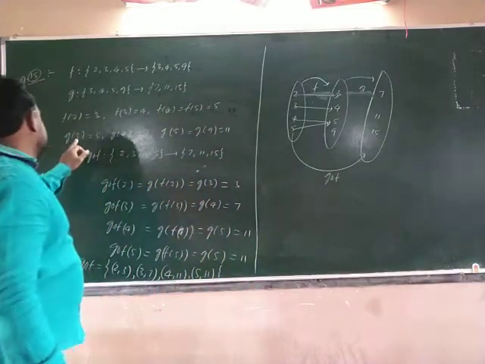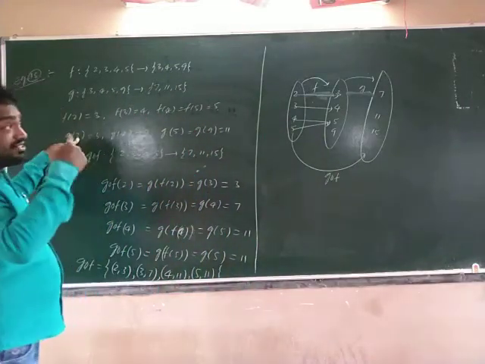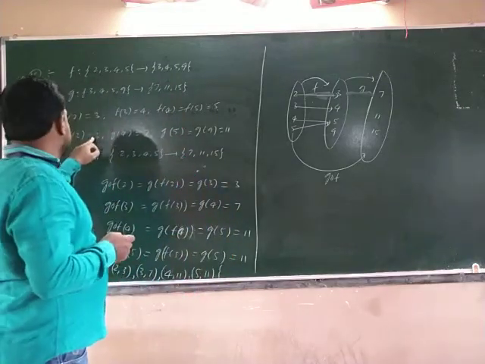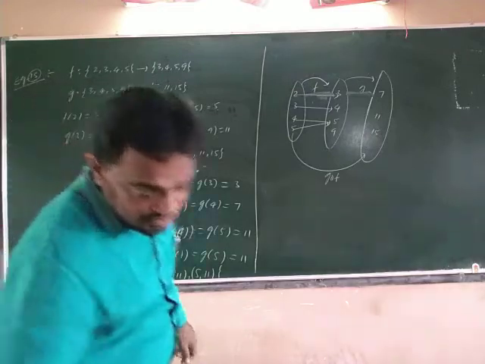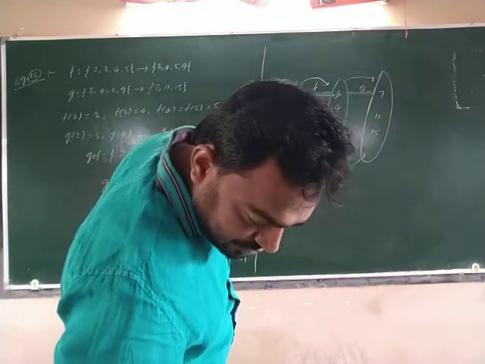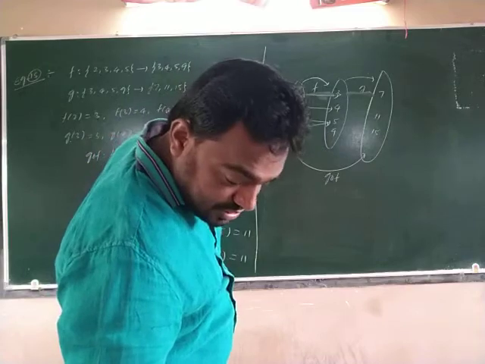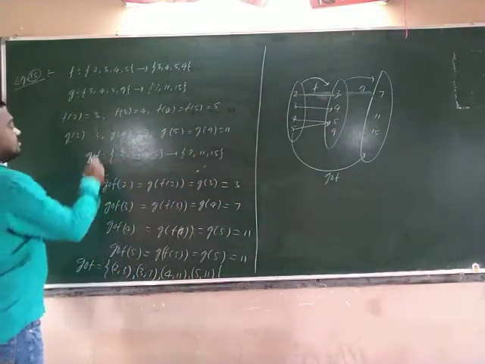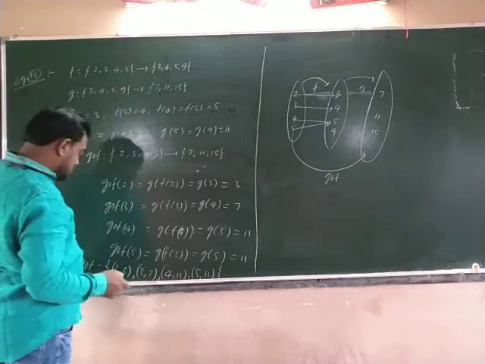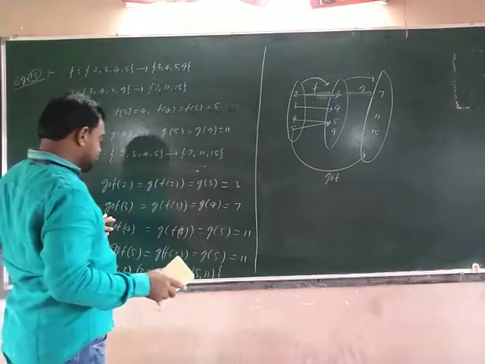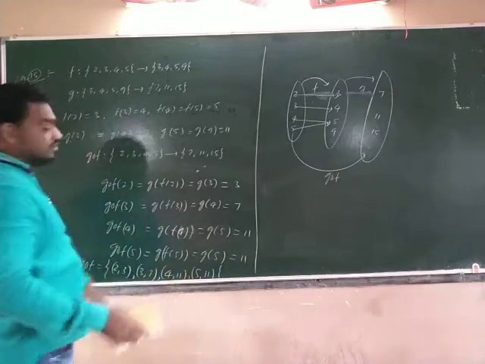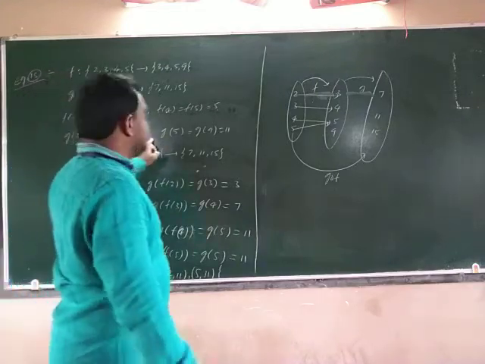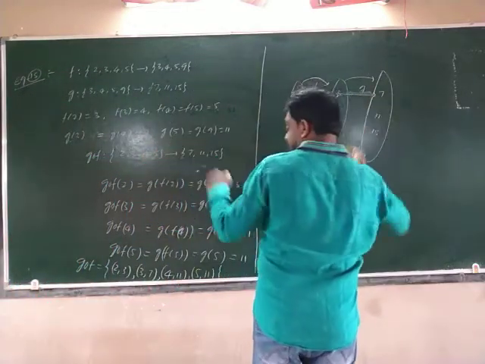Next, here you see 3 is related under G to 3. G of 3 is equal to G of 4, which equals 7. So 3 is related to 7.